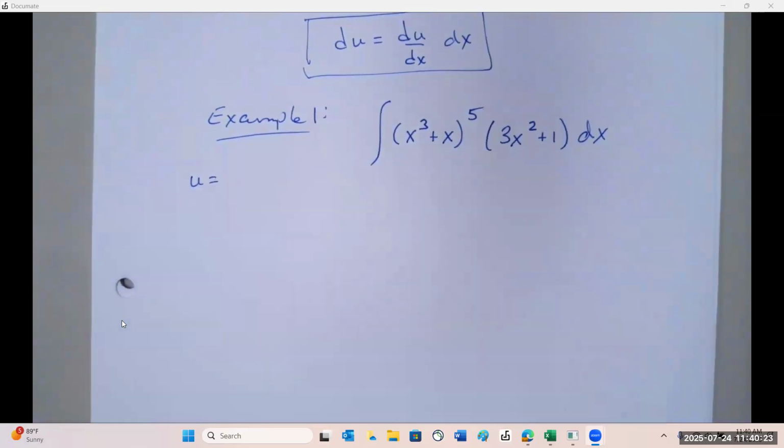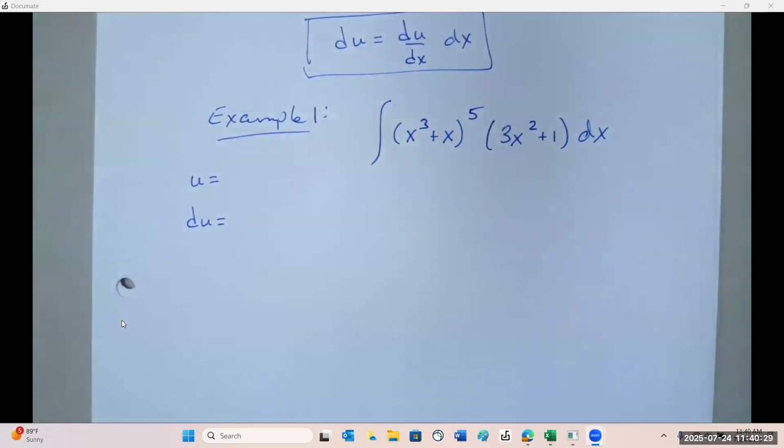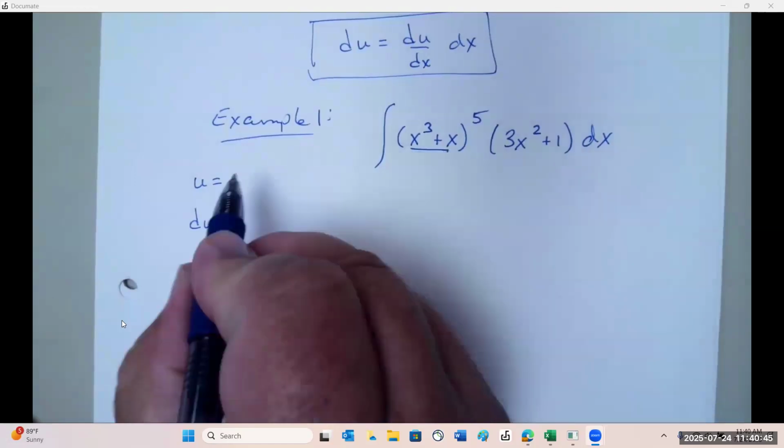So what is your u? Because whatever you pick, you have to make sure that you have a corresponding du in there as well. So typically, it's always the highest exponent inside the parentheses that is your u. In other words, this one.